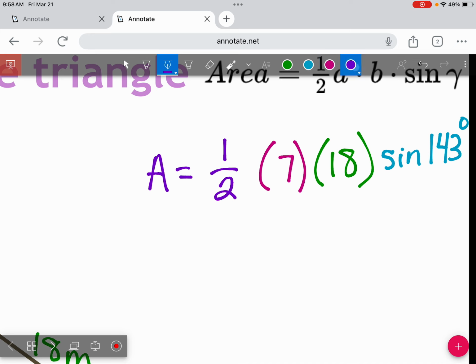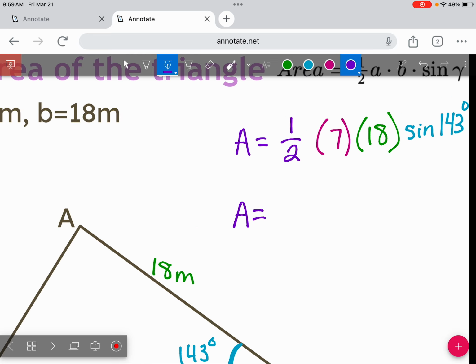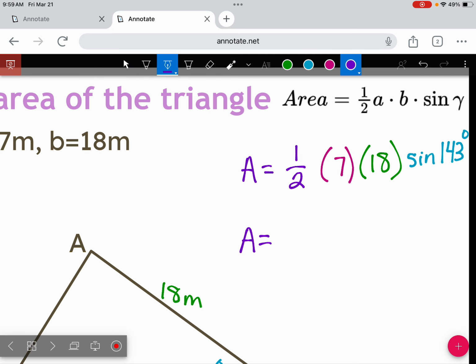And then we're going to type that whole thing in the calculator. Because we're finding this piece gives us that height, and this is 1/2 our base times the height. What do we get as the number here? 37.914.